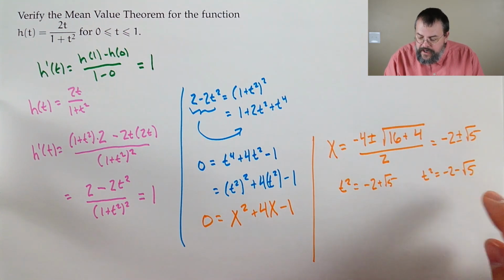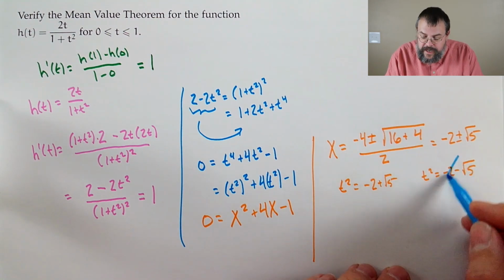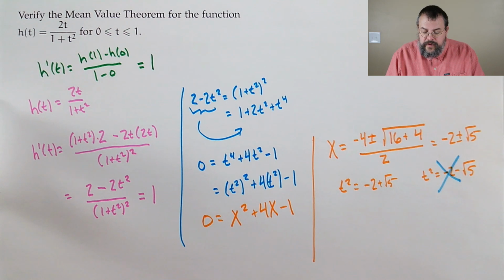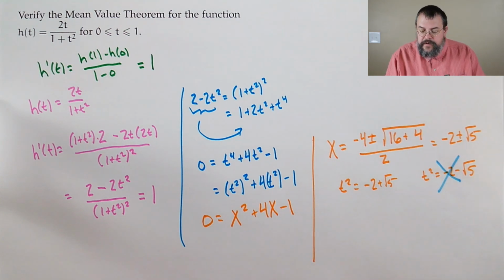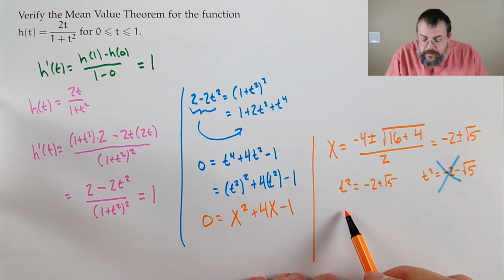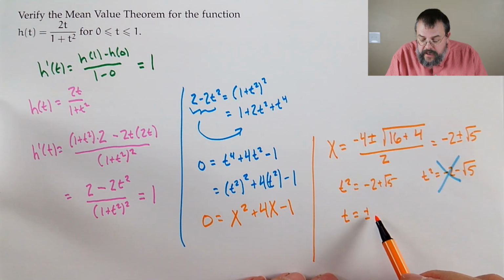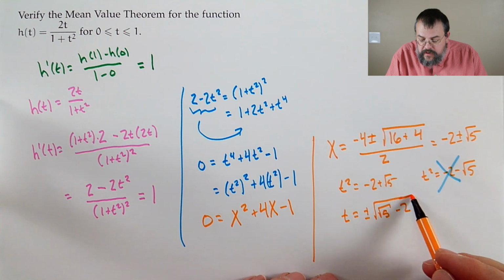And look at negative 2 minus root 5. That's very negative. Okay, so we can rule that out. Now that says t squared has to equal negative 2 plus root 5. So we take the square root, and what do we get? Well, aha, that says t is plus or minus the square root of 5 minus 2.